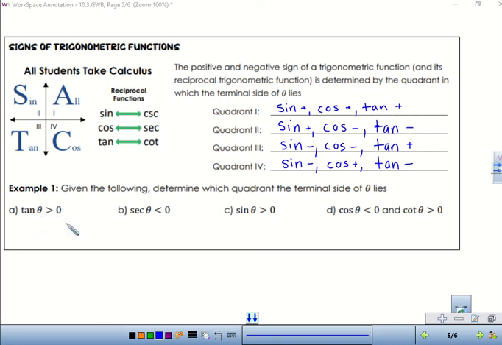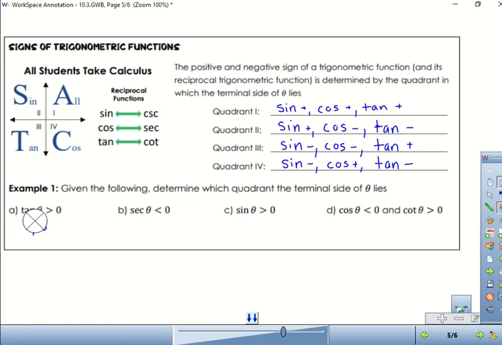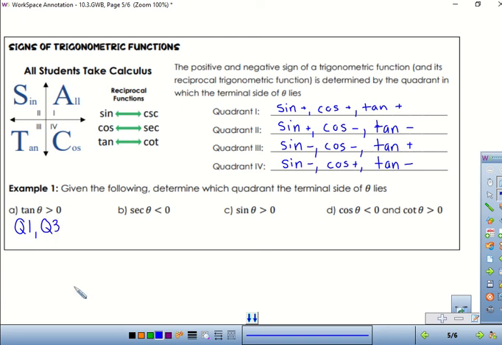In what quadrants? Good. Quadrant 1 and quadrant 3. So we can narrow it down to those two. To be a little bit more proper, you can write it as 1 and 3, but usually it's written as Q1, comma, Q3, okay? Quadrant 3 and quadrant 1.